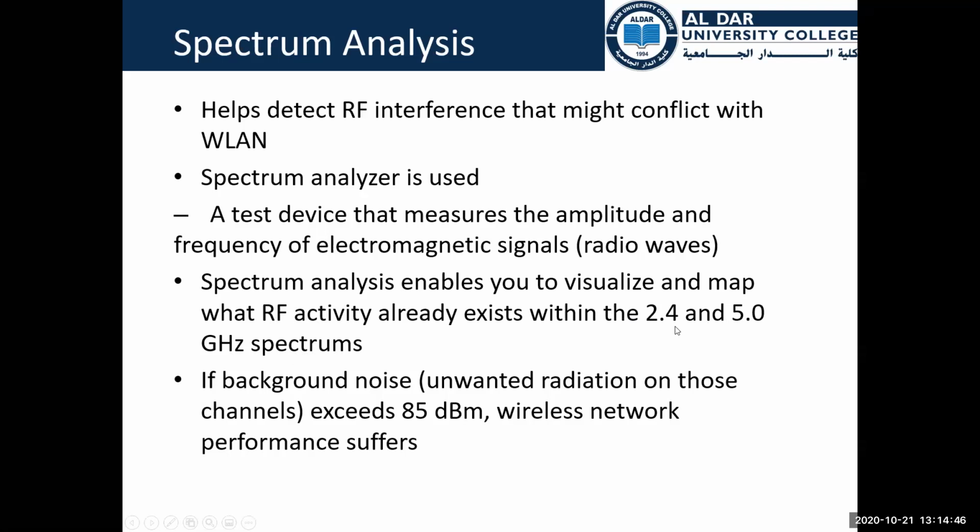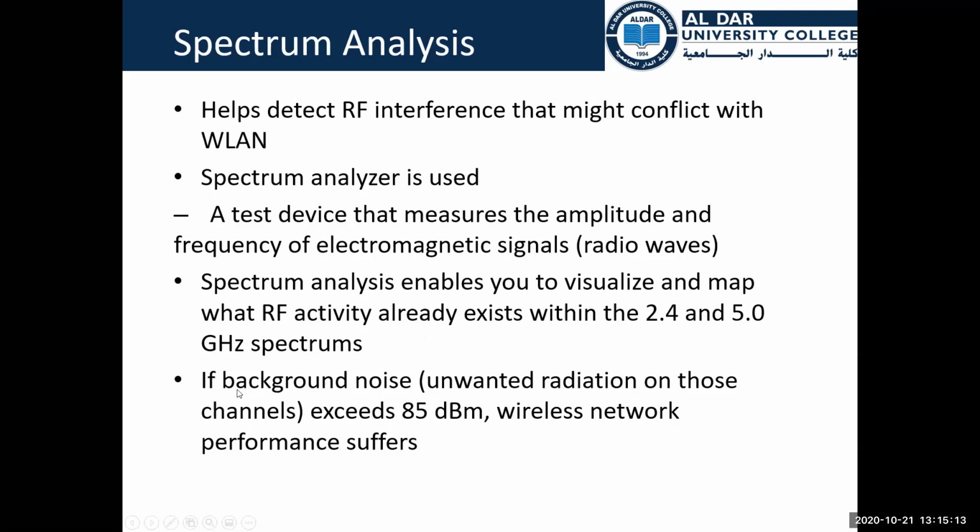There is no license for them, and access points work on those two bands. So you use the spectrum analyzer to find if any signals are coming from the 2.4 and 5 bands or not. If you find something like that, maybe you can reconfigure your access point to work on a different band or a different channel on the same band.